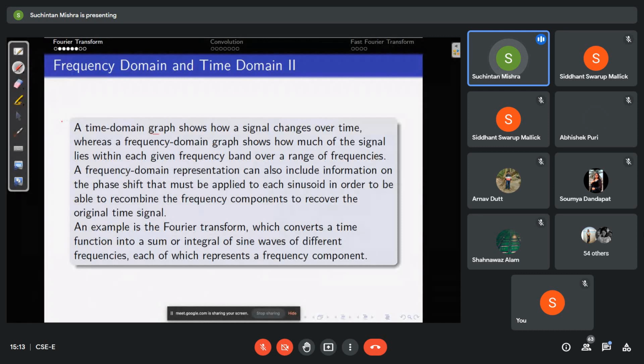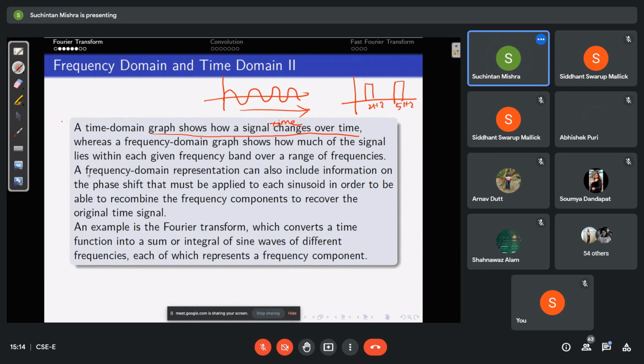A time domain graph shows how a signal changes over time. Whereas a frequency domain graph shows how much of the signal lies within a particular frequency.